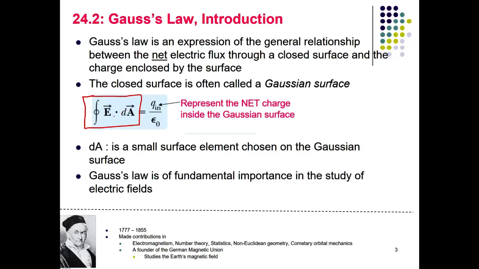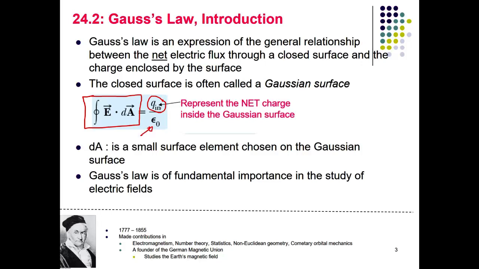Okay, you have a surface in space. It could be any irregular shape, a spherical shape, or a cylinder. We will do some examples showing these kinds of shapes. So the total electric flux going through a closed surface is equal to the net charge enclosed by this surface divided by a constant, epsilon naught.